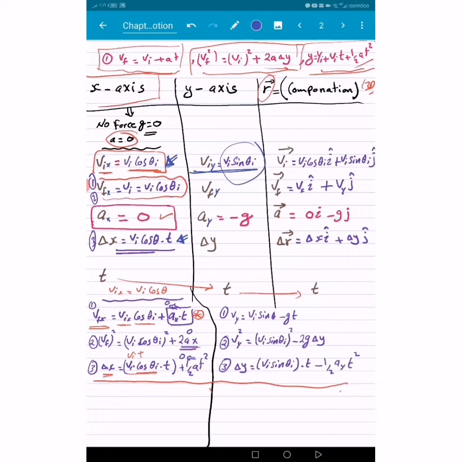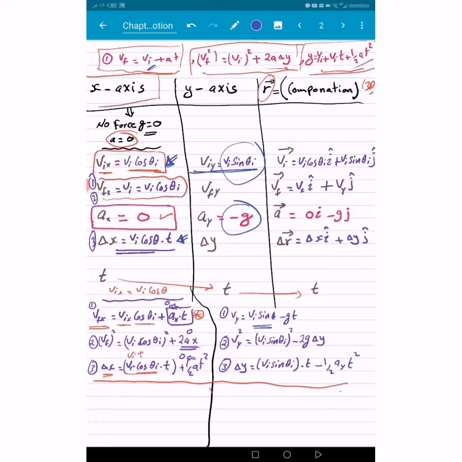So V final y is equal to, just substitute V initial with V initial in y, so V initial sine theta minus gt, with the second equation, with the third equation, with 3 dimensions.